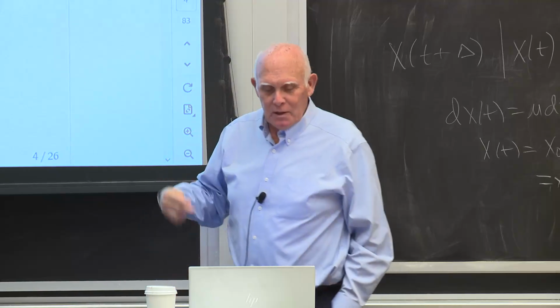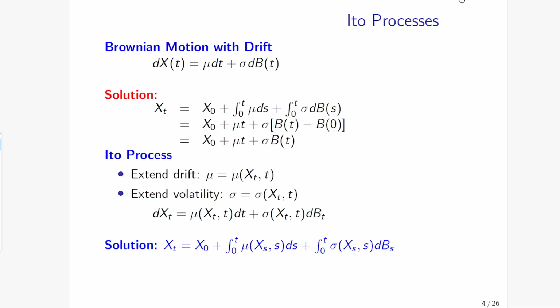So what we will determine with this general setup is that when we have extended drift and volatility, we then will have a solution to this Brownian motion with generalized drift and volatility, satisfying this equation.